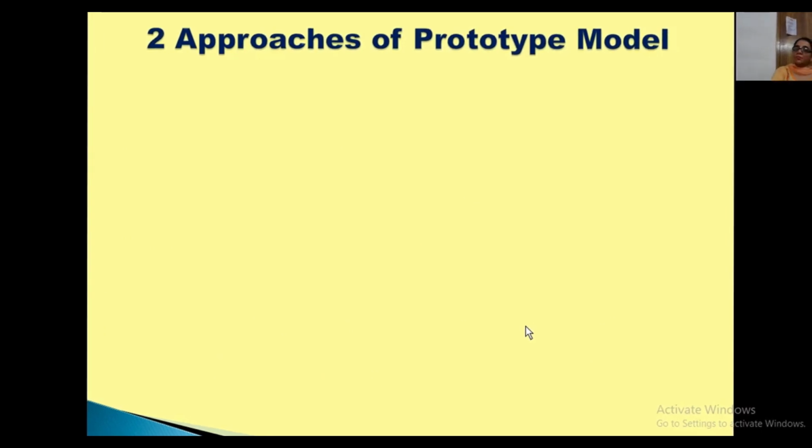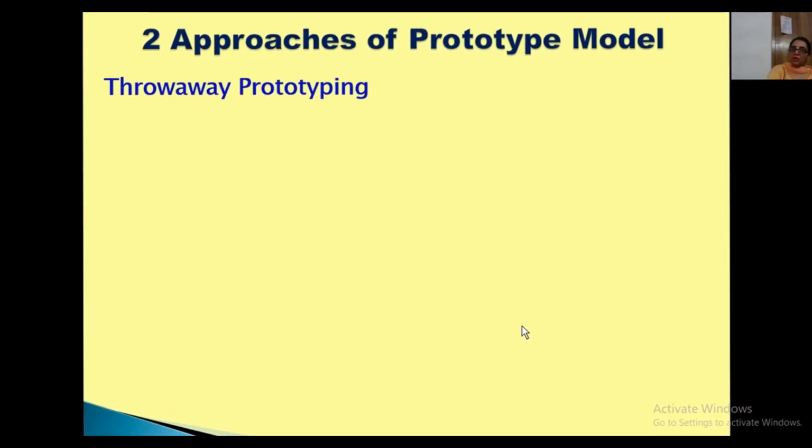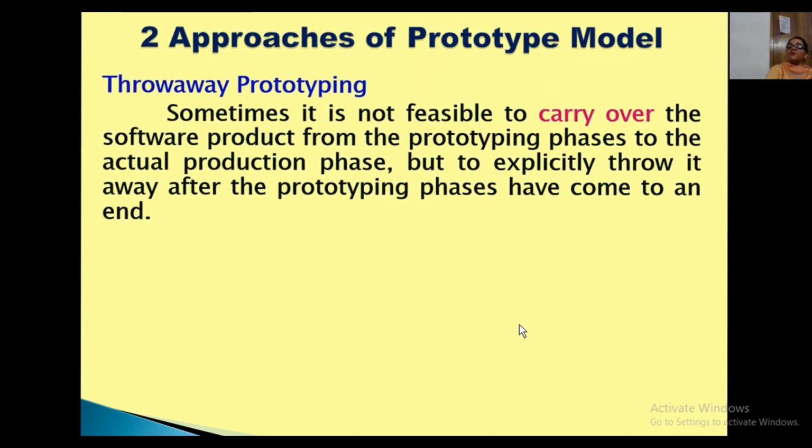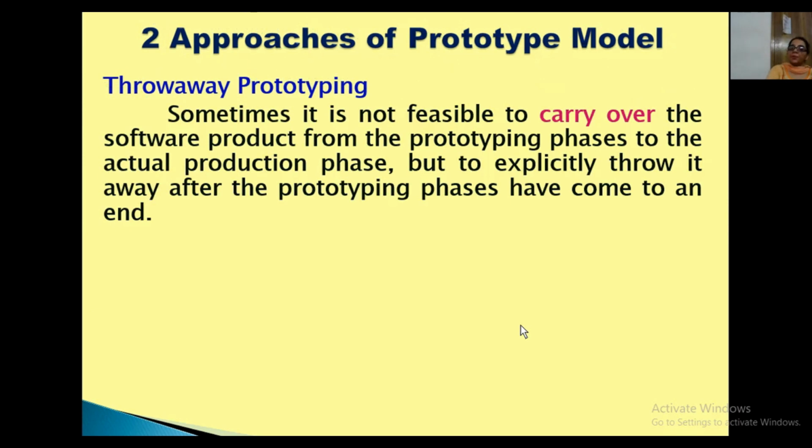Now, there are 2 approaches of the prototyping model. Throwaway prototyping. What is this? Sometimes it is not feasible to carry over the software product from the prototyping phase to the actual production phase, but to explicitly throw it away after the prototyping phase has come to an end.